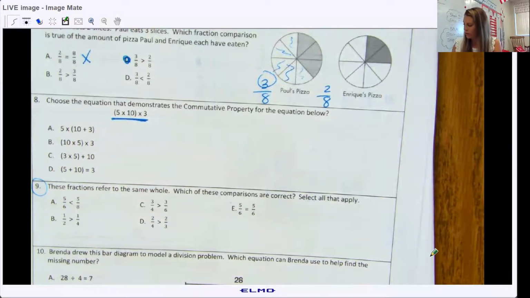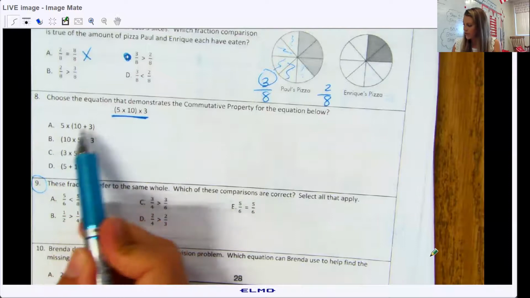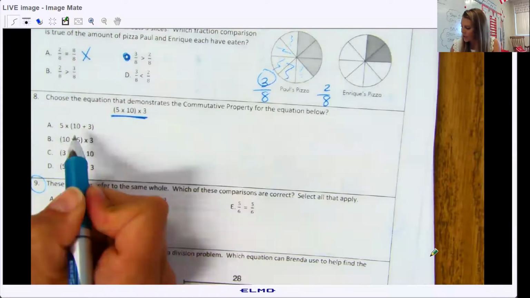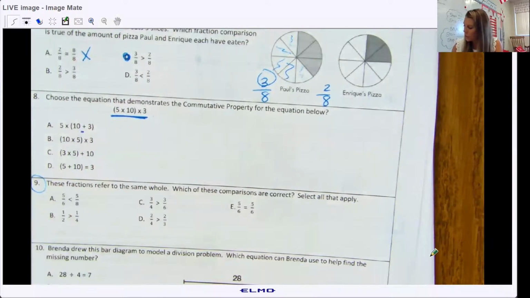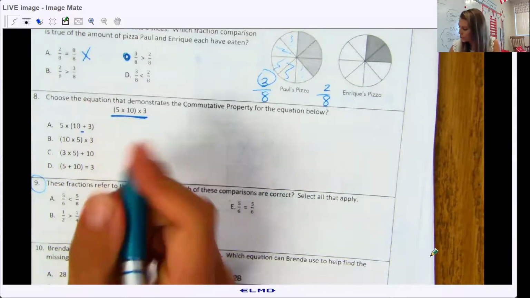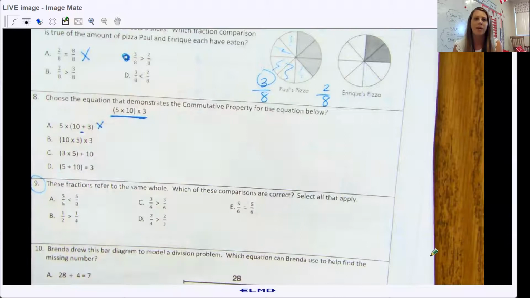All right, well, look here. We've got a 5, we've got a 10, we've got a 3. But this is not correct because it has an addition. We need to make sure that our problem has both multiplication. So hopefully you caught that and put an X next to that one, okay?